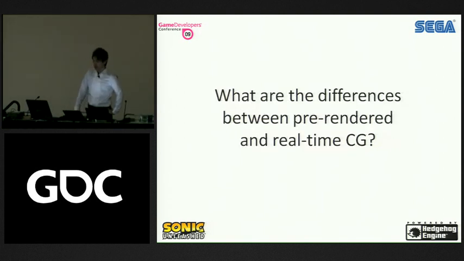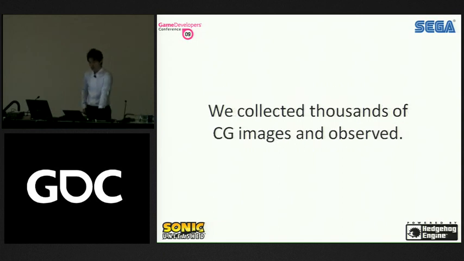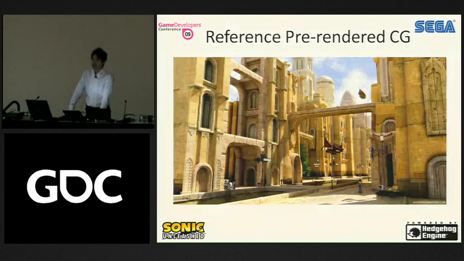Okay, so what about pre-rendered CG? That's what I was interested in at the time. What are the differences between pre-rendered CG and real-time CG? I was really interested in that point, so we collected thousands of CG images and observed them.